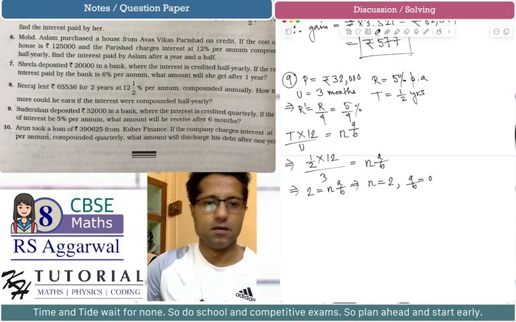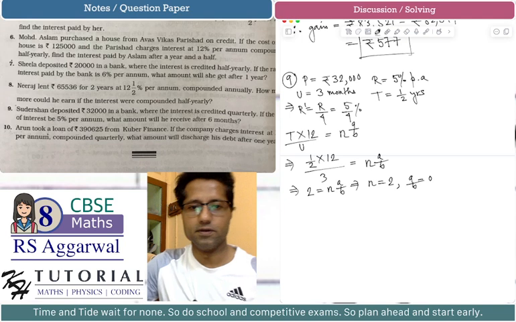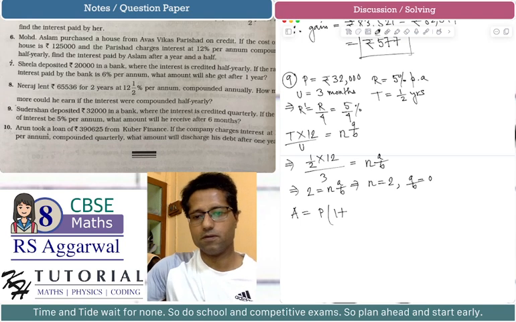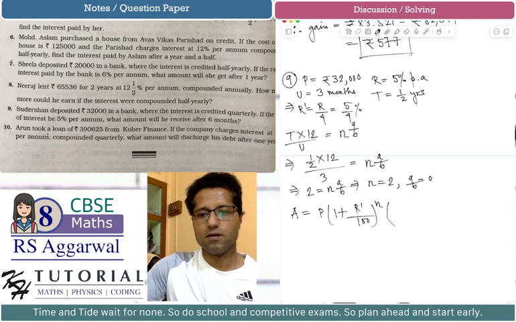Okay. Now what amount will he receive after 6 months? So amount is equal to P, the general formula is P multiplied by 1 plus R dash by 100 to the power small n, multiplied by 1 plus the fraction a by b multiplied by R dash by 100.